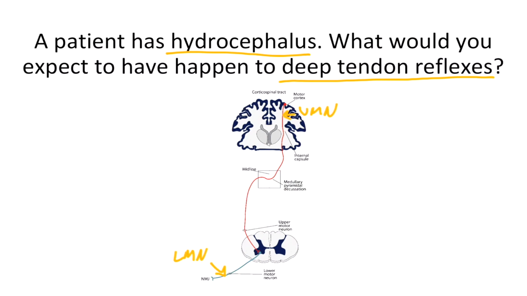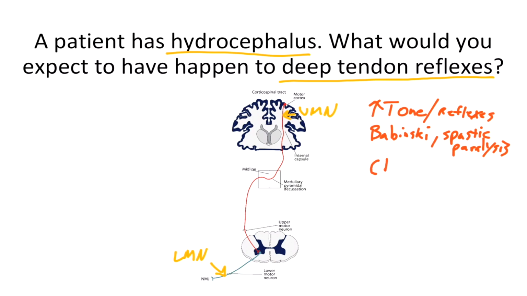So recall the symptoms for upper motor neuron lesions are increased tone and reflexes, the toes point up, so positive Babinski, and spastic paralysis. And of course, clasp knife spasticity as well. But the point is that if we damage the upper motor neuron with a hydrocephalus, then there would be increased tone and reflexes, so the deep tendon reflexes would be increased.